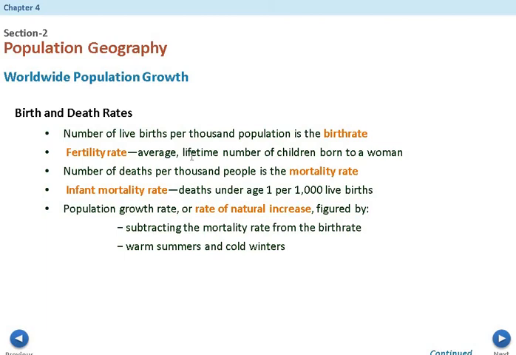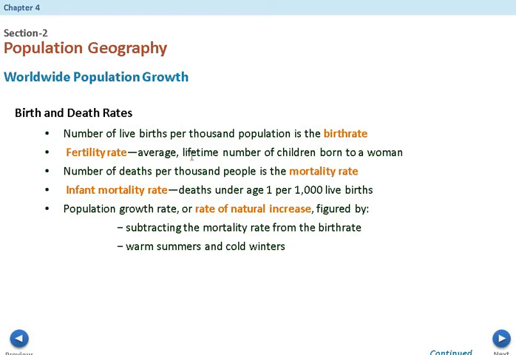Another thing that tells us a lot is infant mortality rate. This is the deaths under the age of 1 per 1,000 live births. What's important about the infant mortality rate is that if we have a high infant mortality rate, that probably means the country is not doing very well.